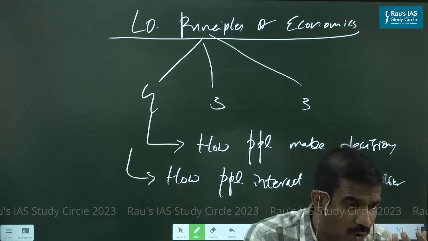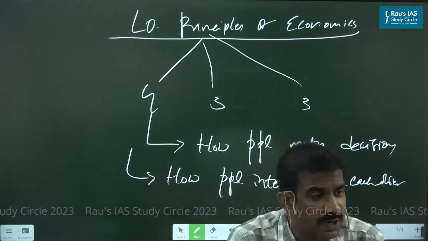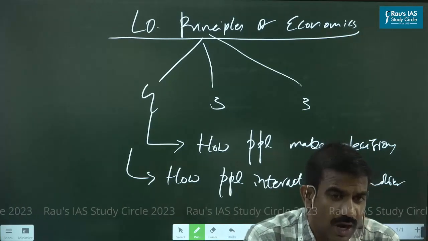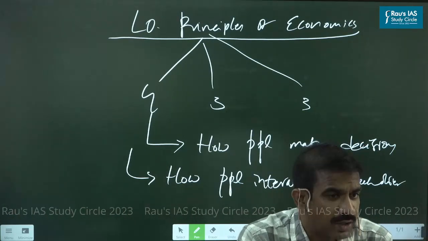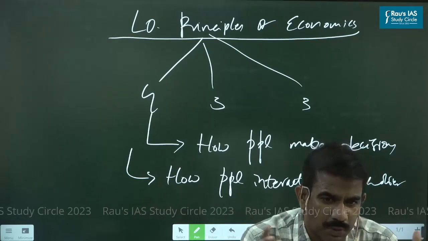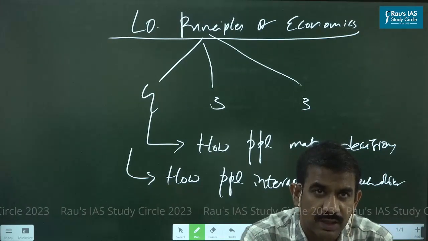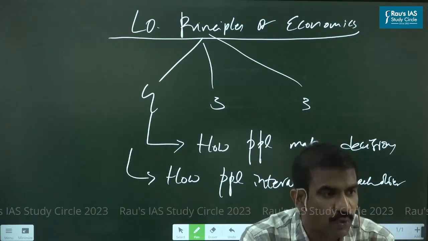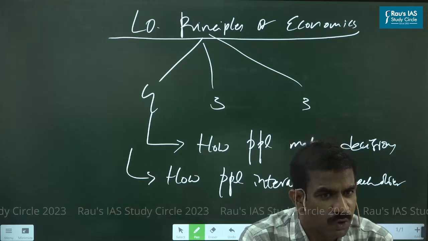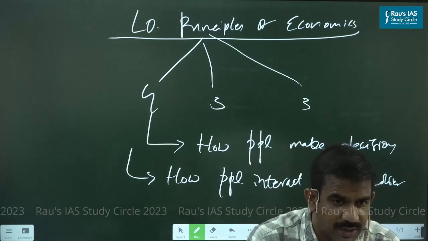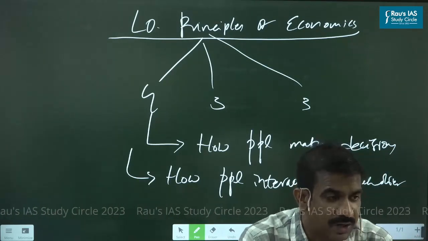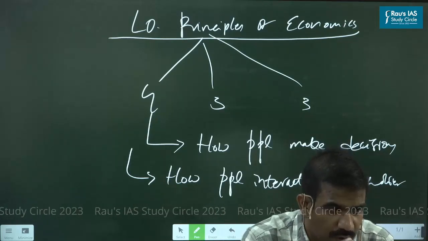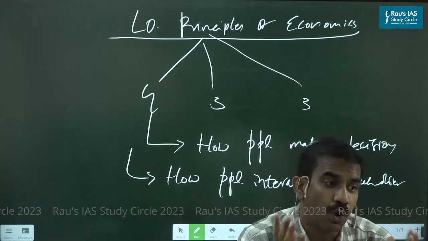So how individuals make decisions, how people interact with each other, and why they interact. And the third thing we'll try to understand, by putting all these things together, is how the economy as a whole works. Once you understand how individuals take decisions and how people interact with each other, then we'll figure out how the economy as a whole works.